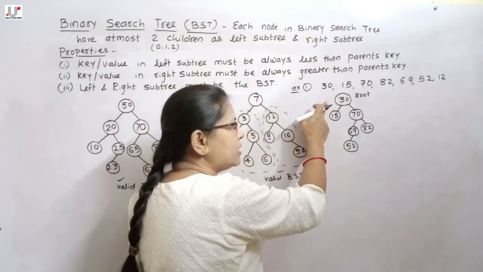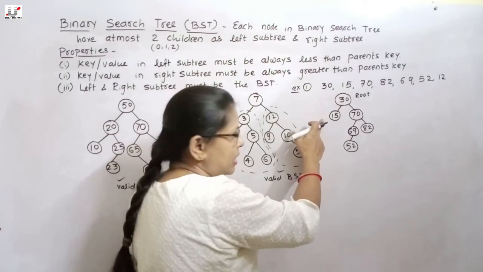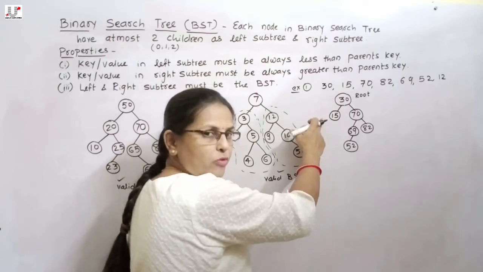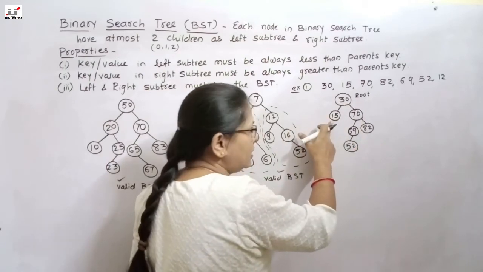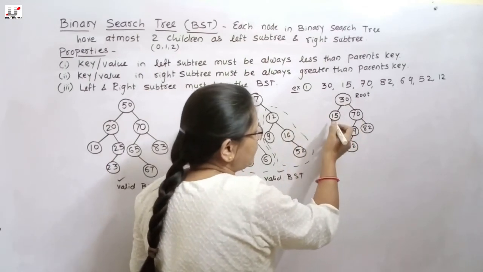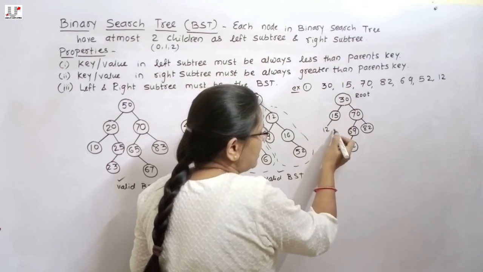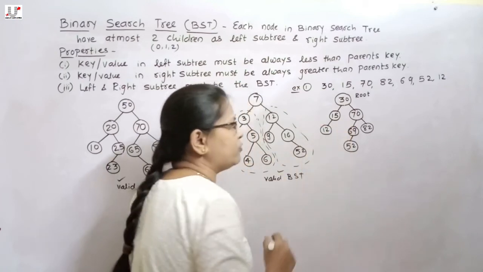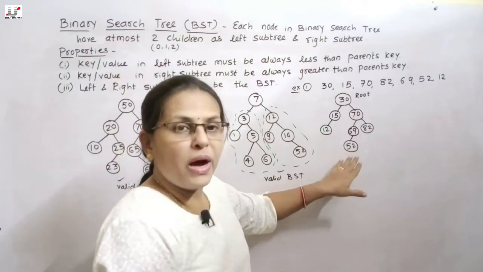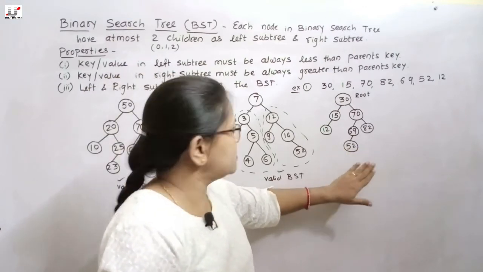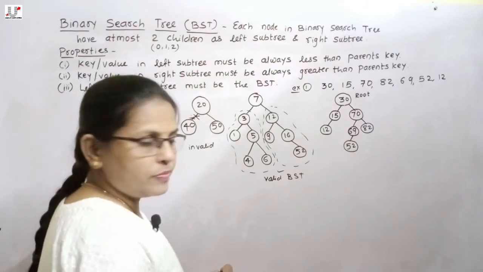It is smaller than 30, so move to the left, as 15 is already present to the left of 30. Then 12 gets matched with 15. It is smaller than 15, so 12 gets added as the left child of 15. So this is a valid binary search tree, and it satisfies all the properties.